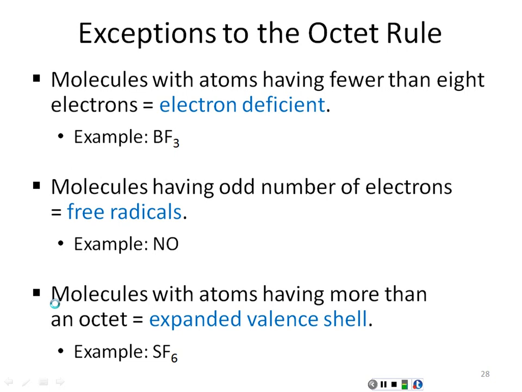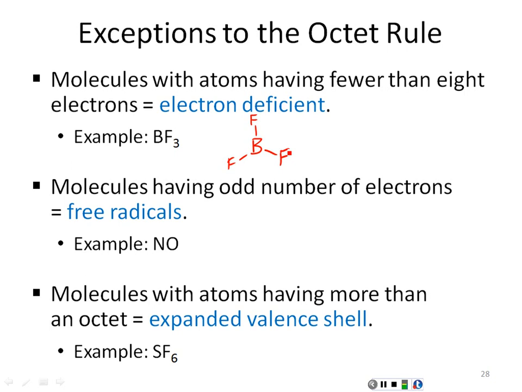So a molecule like BF3, we say is electron deficient. So boron doesn't necessarily have to have a filled octet. Its binding capacity is 3. So it needs 6 electrons to fill its shell.